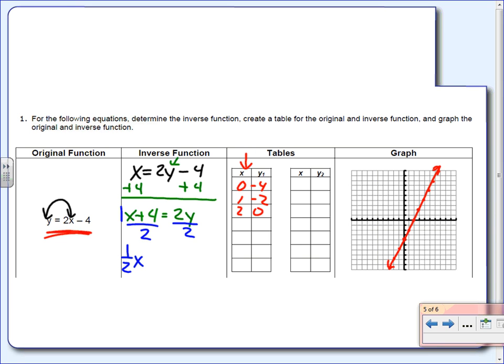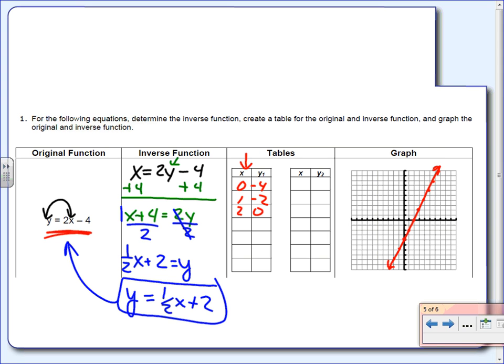I'll leave it as 1/2. What about the 4 over here? What do you get when you take 4 divided by 2? 2. And of course over here you're left with just the y. So in other words, our new equation is y equals 1/2 x plus 2. This is what we call the inverse. That is the inverse of this right here.